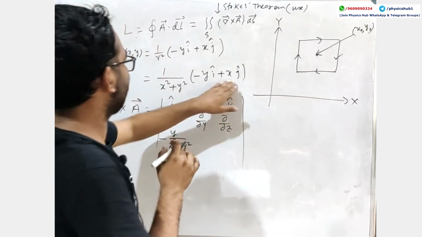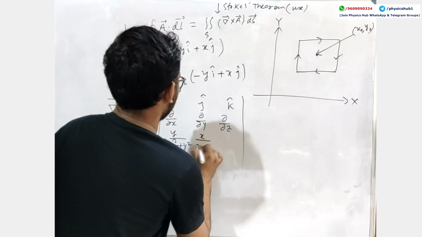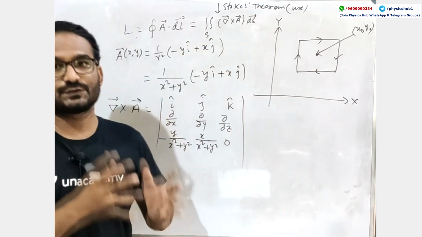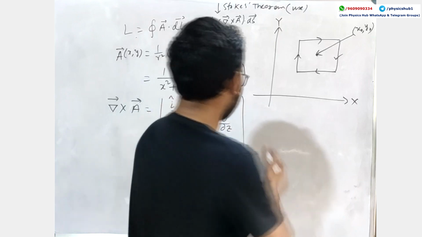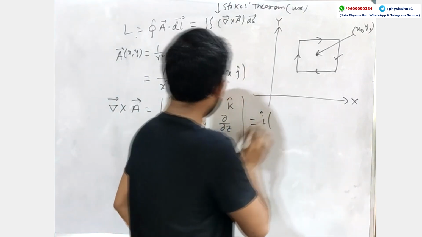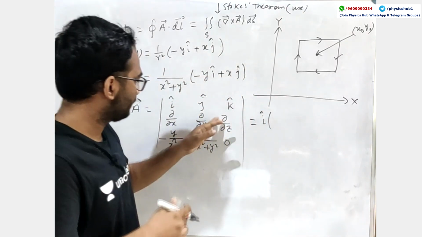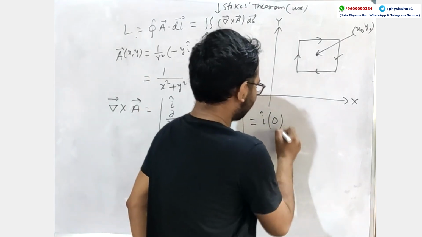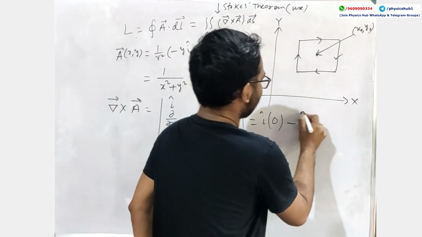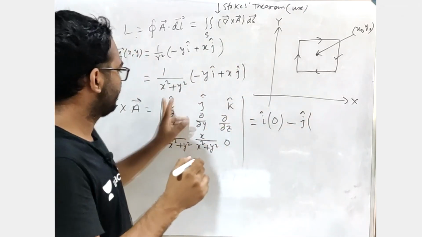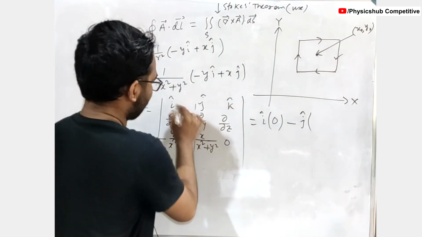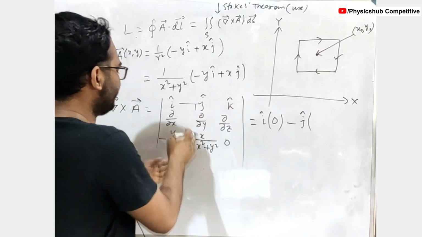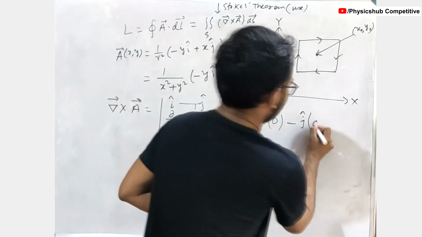The y component is x by x square plus y square, and there is no z component, so it is 0. Now if you calculate the i component, there is no z dependency here, so it is 0. Then minus j cap, del x of 0 is 0, and there is no z dependency, so this is also 0.